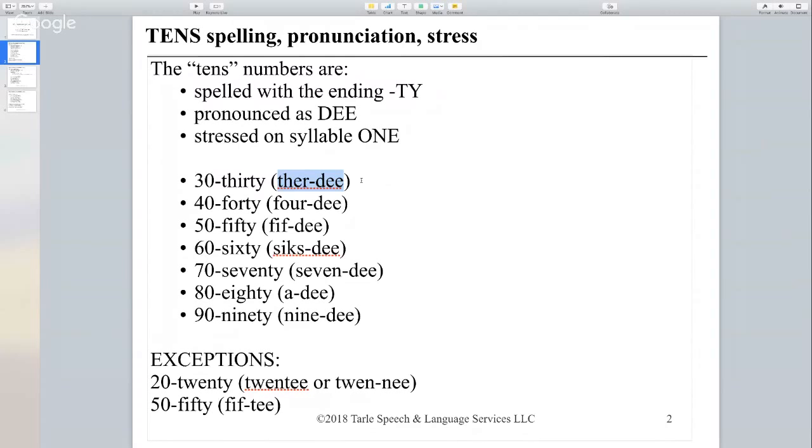Okay, I'm going to say them again one time through, and then you take a turn saying all of them. 30, 40, 50, 60, 70, 80, 90.